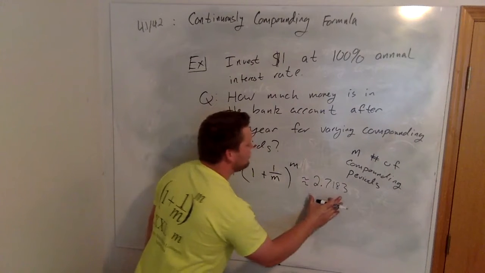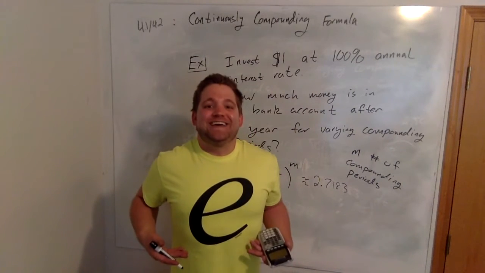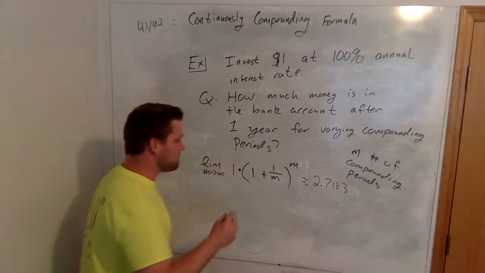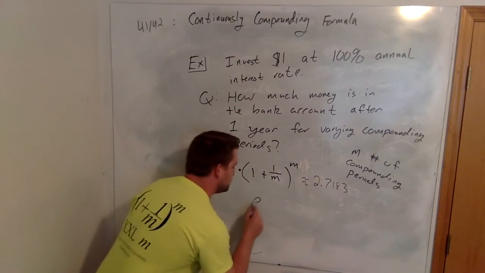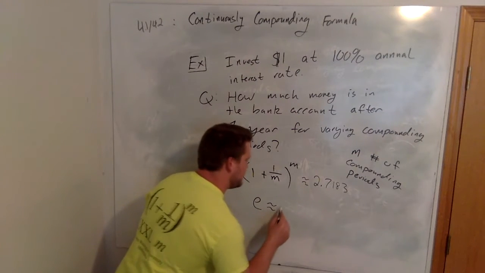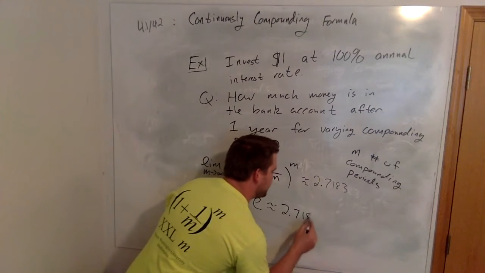We call this number E. This is a very special number, E. E is an irrational number, and it's roughly 2.7183.